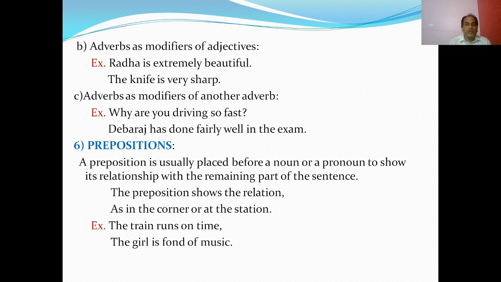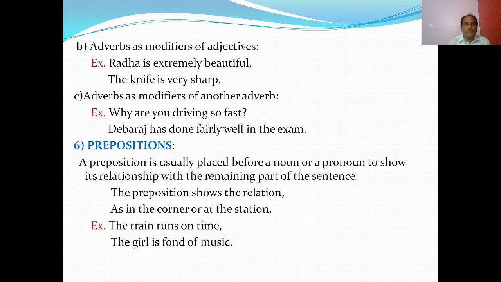Take the example. The train runs on time. On is the preposition. The girl is fond of music. Of is the preposition. You see, preposition on is placed before the noun time, and it makes the relationship between verb and noun.